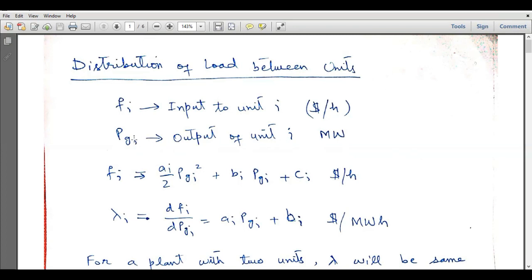So if we have three units, then i will be equal to 1, 2, and 3. Similarly, the input to the unit, which is i, will also be 1, 2, and 3. So F1, F2, and F3 will be the three functions. And the unit of this fuel cost function is dollars per hour, right? So this is called fuel cost function, and this is called output power.